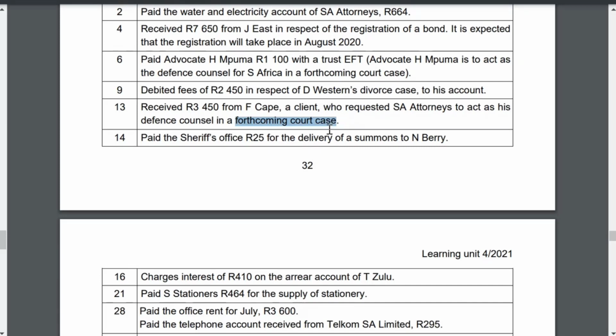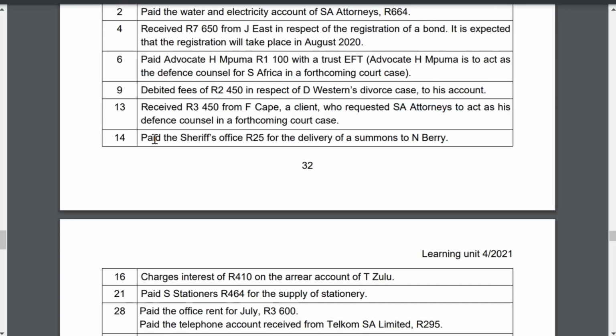Work has not been performed as yet by SA attorneys on behalf of FCAPE. That's why we're recording this in the trust cash receipts journal.